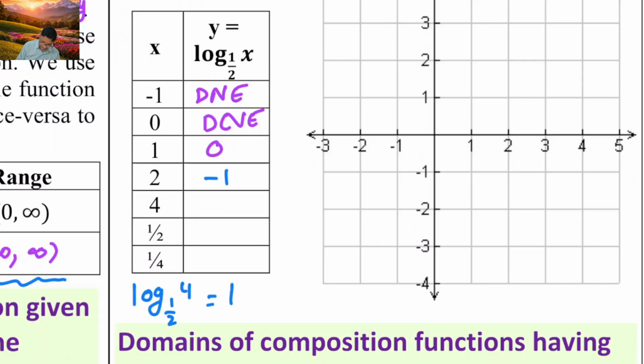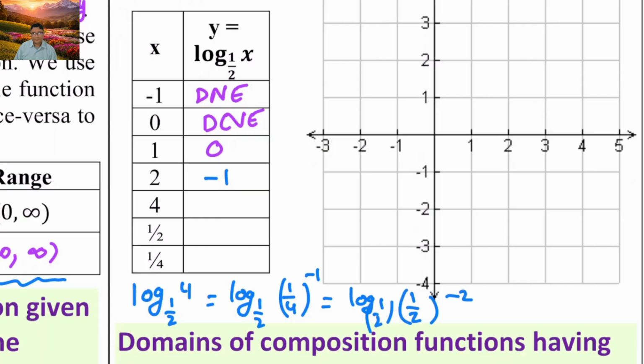I would write 4 as 1 over 2 to the power negative 2, so it's log base half of (1 over 2) to the power negative 2. Then bring the negative to the coefficient, and the rest is 1. Similarly, log of 1/4 with base half: log of half with base half is of course 1, and 1/4 is half squared, so it will be 2.